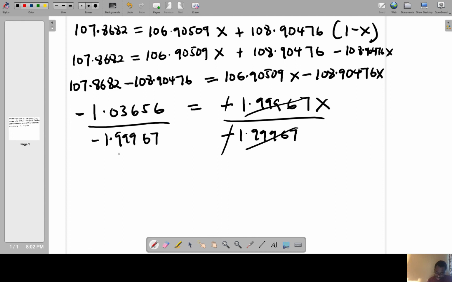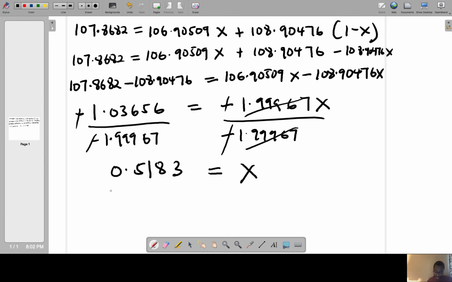When we solve, we are going to get 0.5183 and so on, and this will be equal to x. So our x is equal to 0.5183.